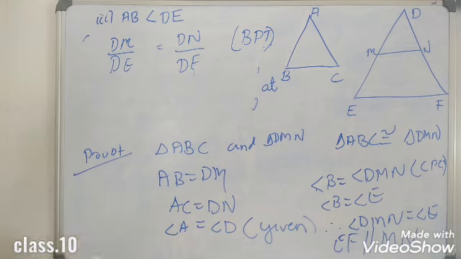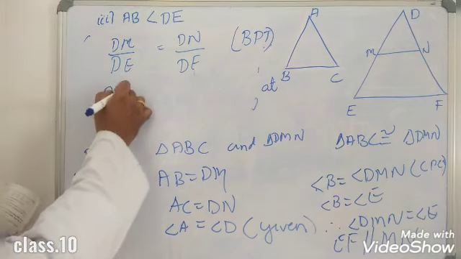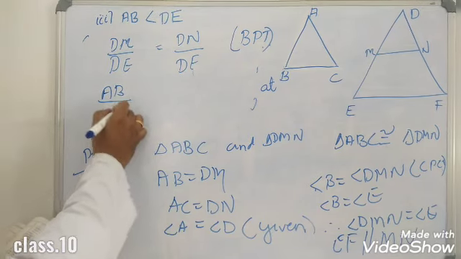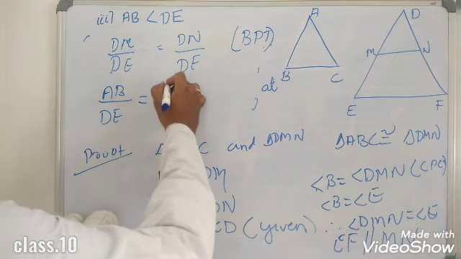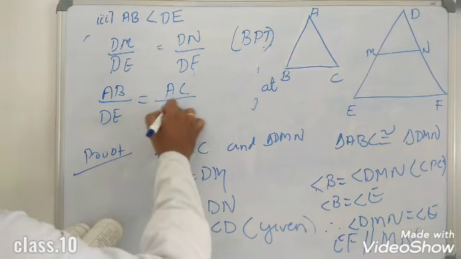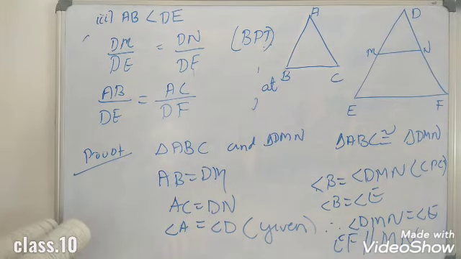But we have AB is equal to DM and AC is equal to DN. Therefore we can say that AB by DE is equal to AC by DF.